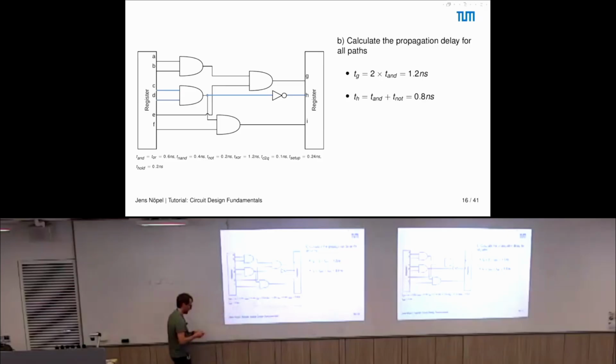To calculate T clock, you need to add up the time needed from an arriving clock edge until you get Q. This is T CQ. Then you add the propagation delay of your combinatorial circuit. This is TPD for propagation delay.